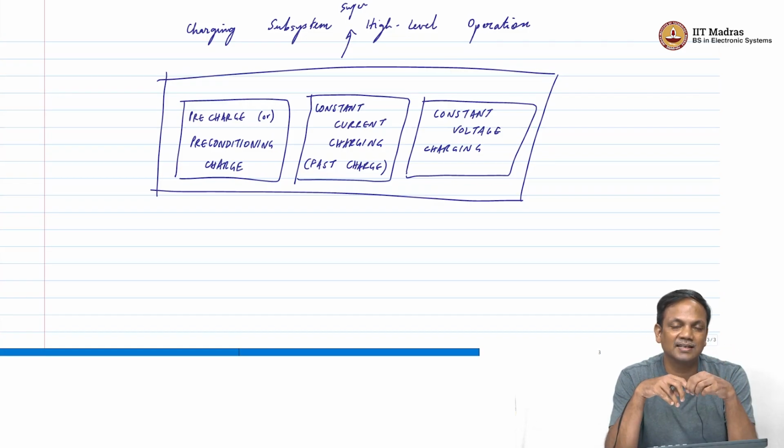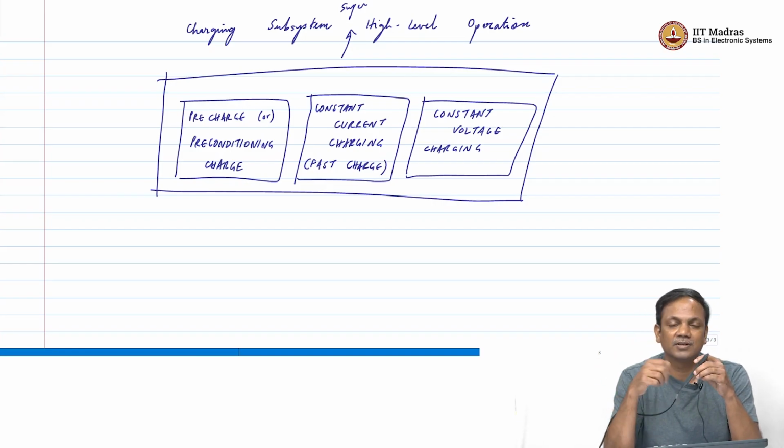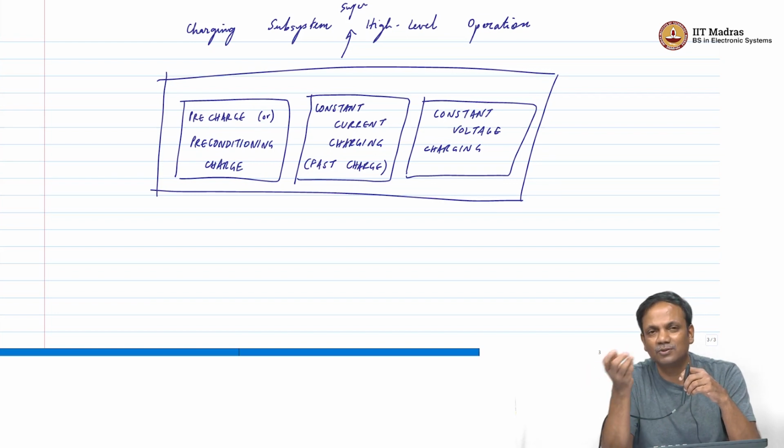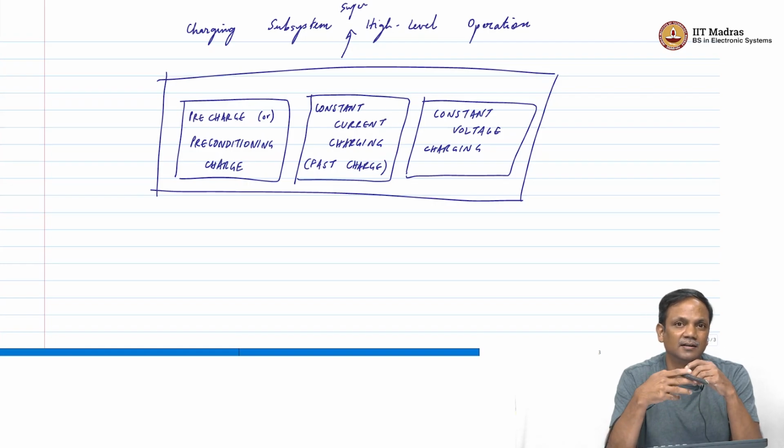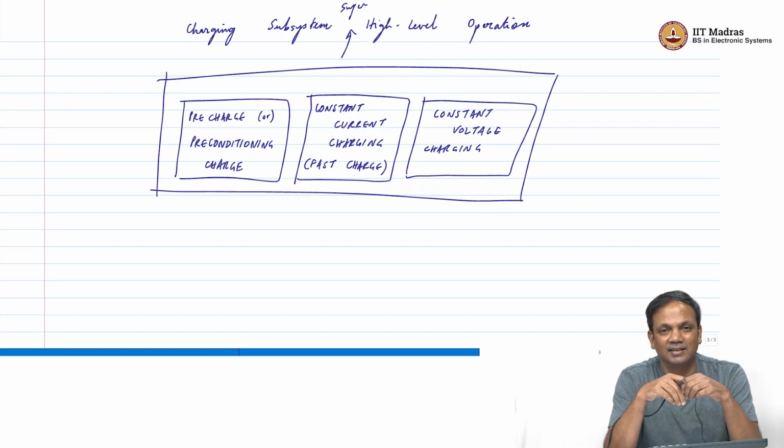Once you go past that state, you say, okay, now the battery is ready to take large amounts of current. So, I am going to transition into the fast charge mode where I am pushing high levels of current. And after the fast charge, it is very important again from a safety perspective that you do not exceed the rated voltage of the battery, because if you exceed it, you run the risk of bad things happening with the battery, which delivers an extremely poor customer experience, not to mention safety hazards.